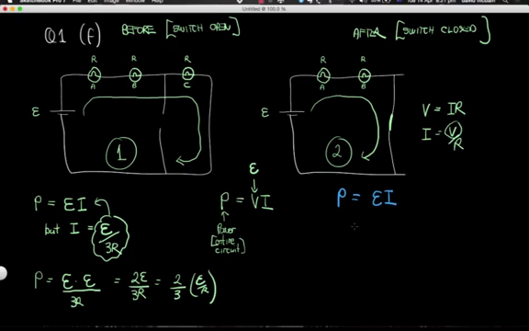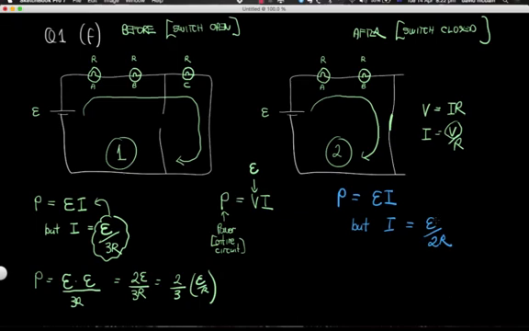So the expression for the current in this case: remember the current is the voltage of the battery divided by R, but in this case there's only 2 globes. So it's going to be E over 2R.